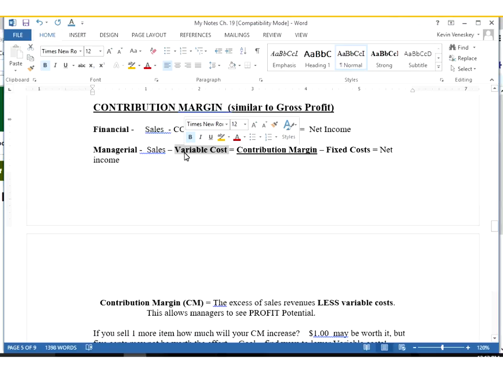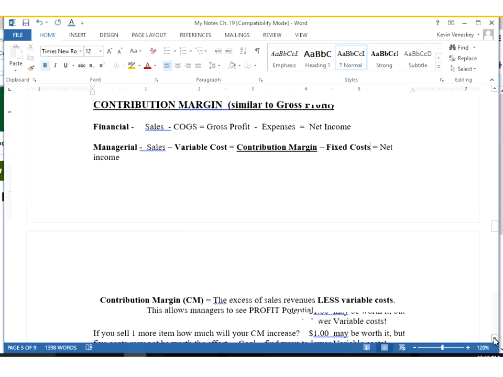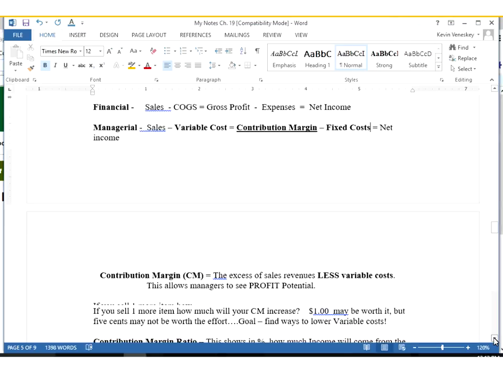Well, with managerial, you're sometimes more concerned with knowing your variable costs and your fixed costs. So you take your sales minus your variable cost, and that gives you your contribution margin. And then if you take your contribution margin and subtract out your fixed cost, there's your net income again. So it's a little bit different from financial, but somewhat similar.